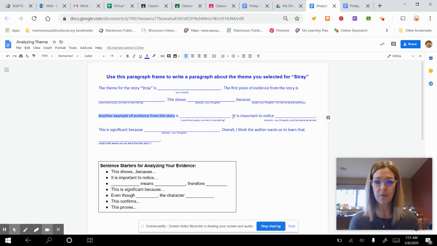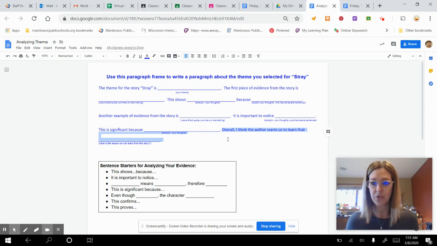I'm also looking for you to support it with your thinking. And then don't forget, at the very end of your paragraph, you need to tell me what the author wants us to learn from this story. So that's, what do you think the author was trying to tell us?